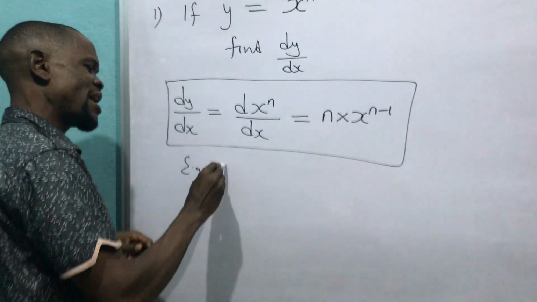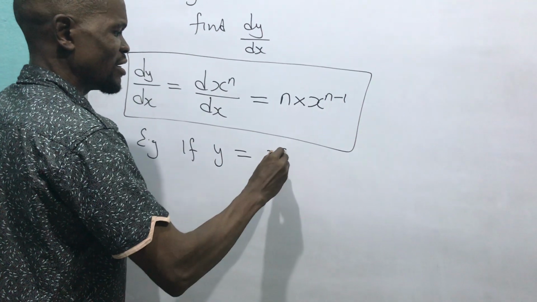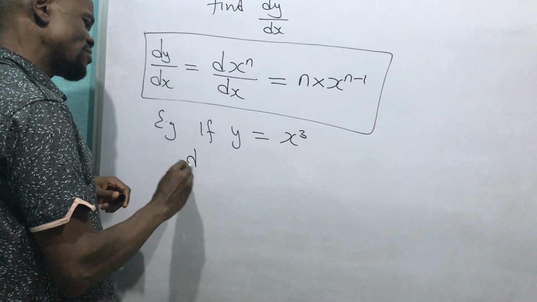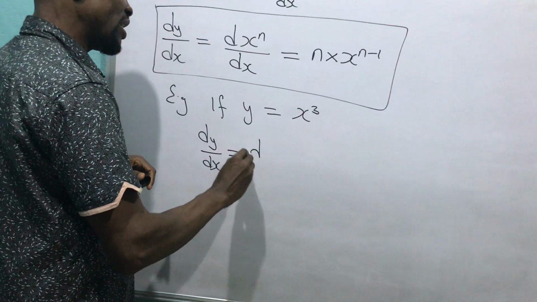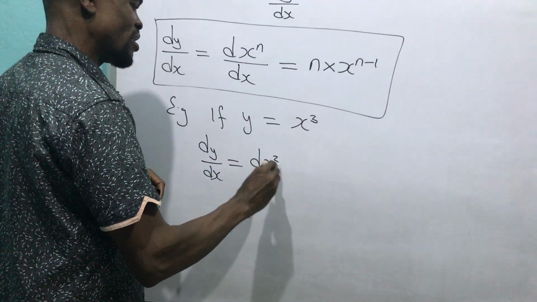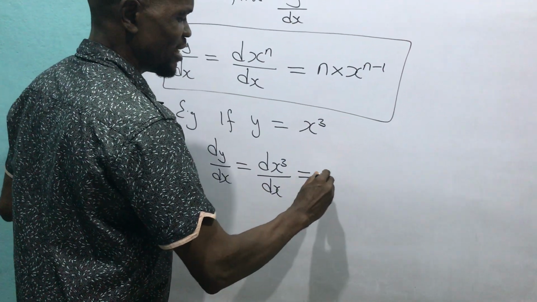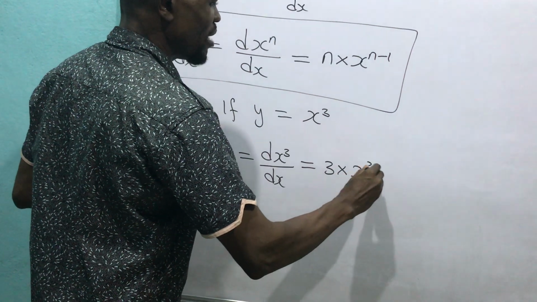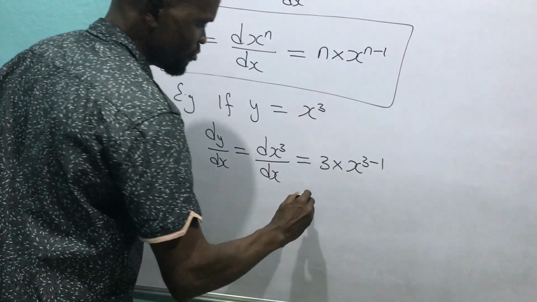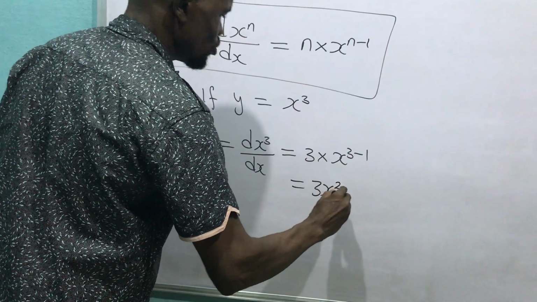For example, if I have y is equal to x raised to power 3, then dy/dx is equal to d(x raised to power 3)/dx, and the answer is 3 times x raised to power 3 minus 1, which gives me 3x raised to power 2.